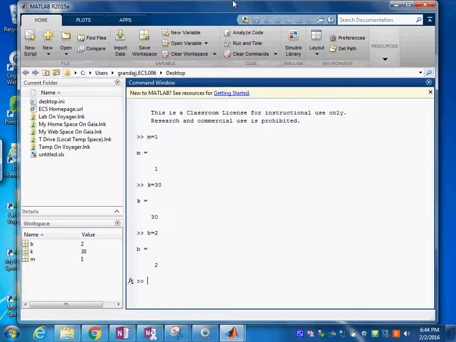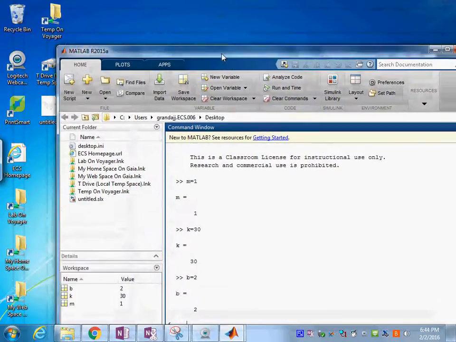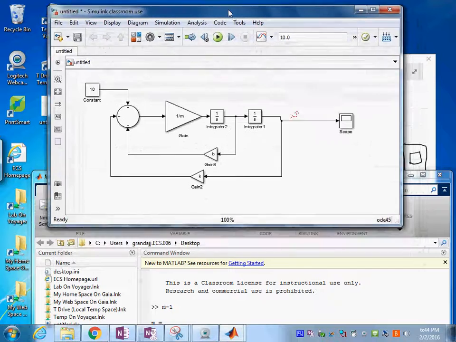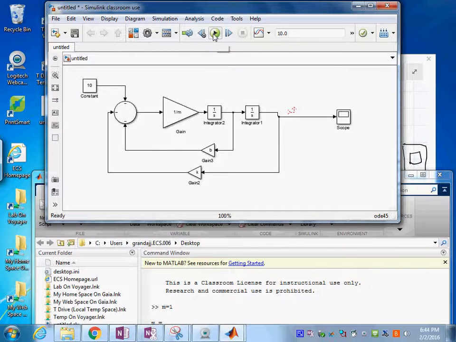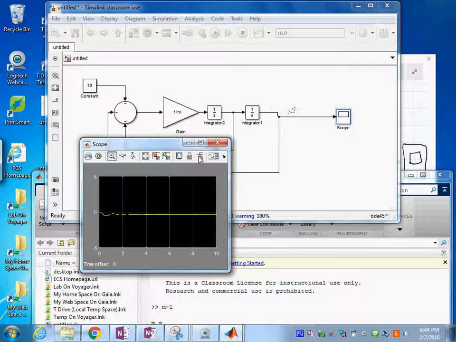And so now we can go over here and say, okay, run. And the computer will run. Double click on the scope to see the line. And if I click over here, it shows that in fact it runs. See?